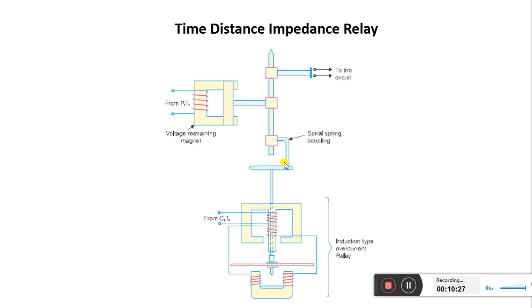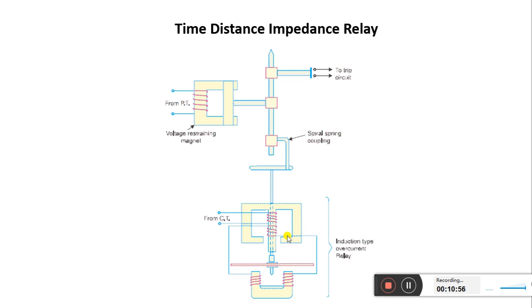Or we can say that the torque of these CTs will try to rotate this spindle against the spiral spring coupling, and it will carry on rotating up to a certain angle until this torque becomes greater than the voltage coil torque.